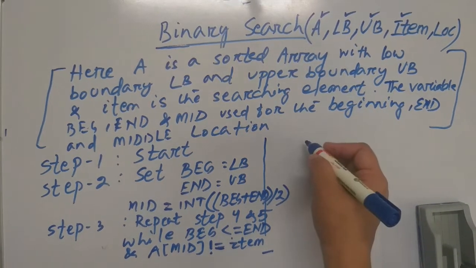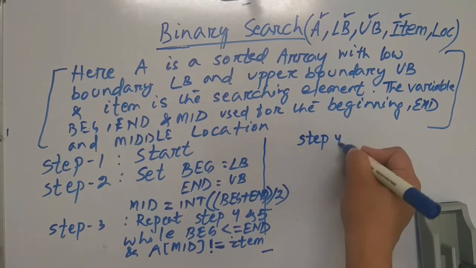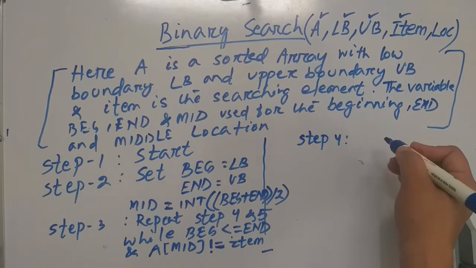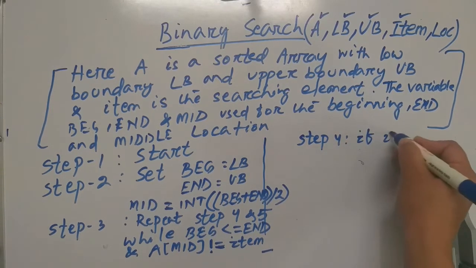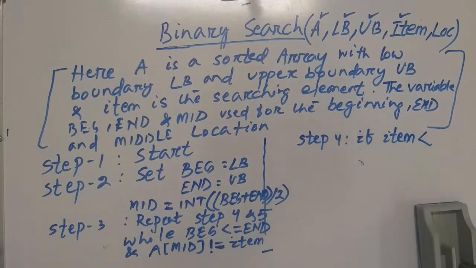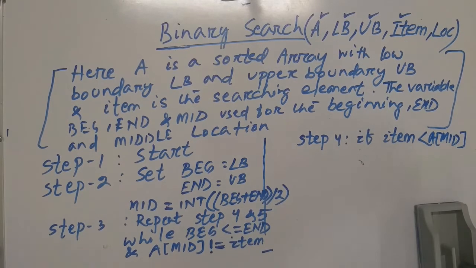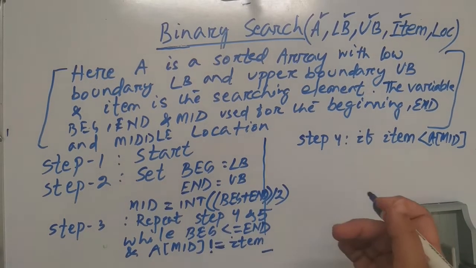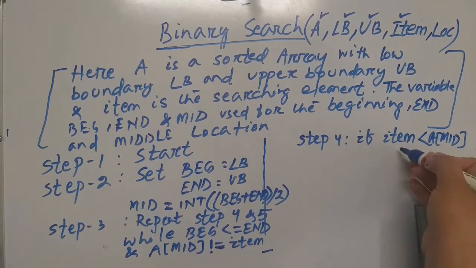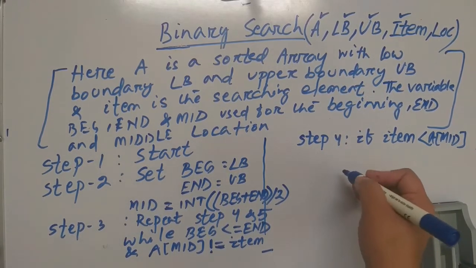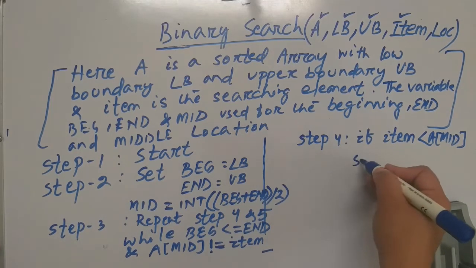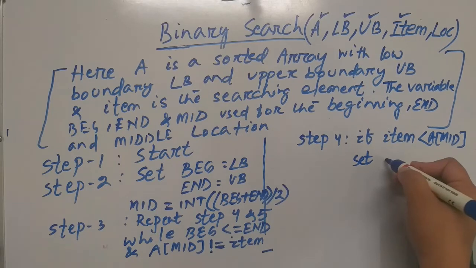Next, step 4: if item is less than A[mid]. Whenever the item we want to search is less than or greater than the mid element, we set the starting and ending position accordingly.